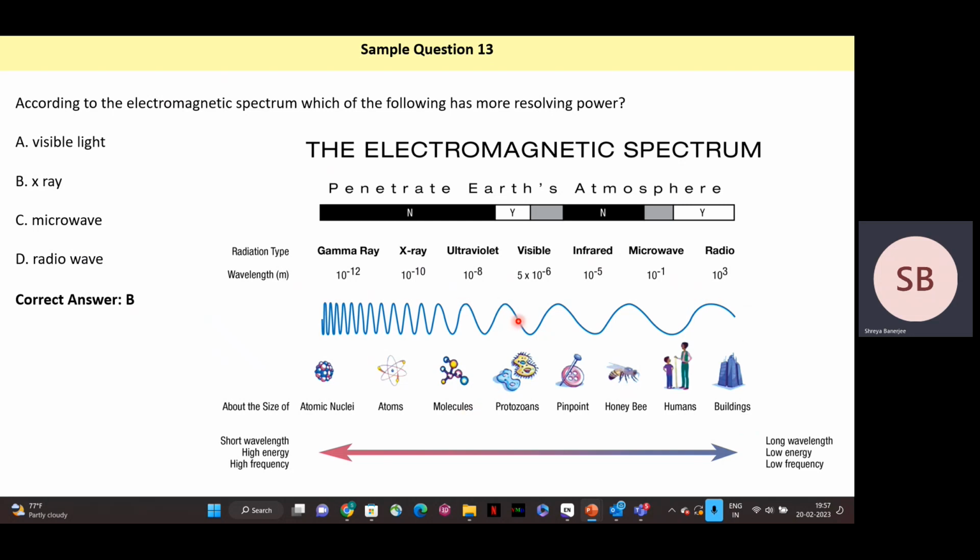And visible light can distinguish between unicellular organisms, but it cannot identify molecules or macromolecules. It is only X-ray, which has the highest resolving power in these options, that can distinguish the different atoms and biological macromolecules. So the correct answer is B, X-ray.